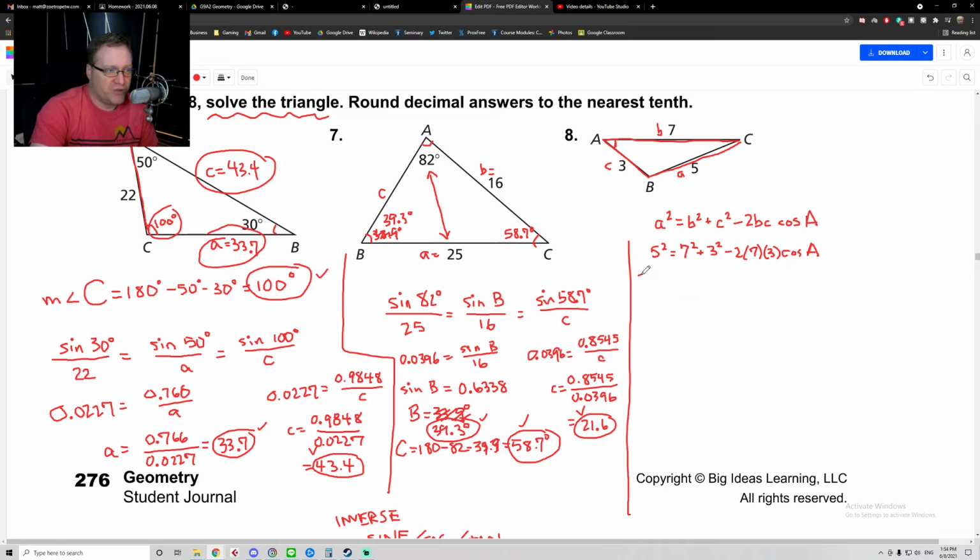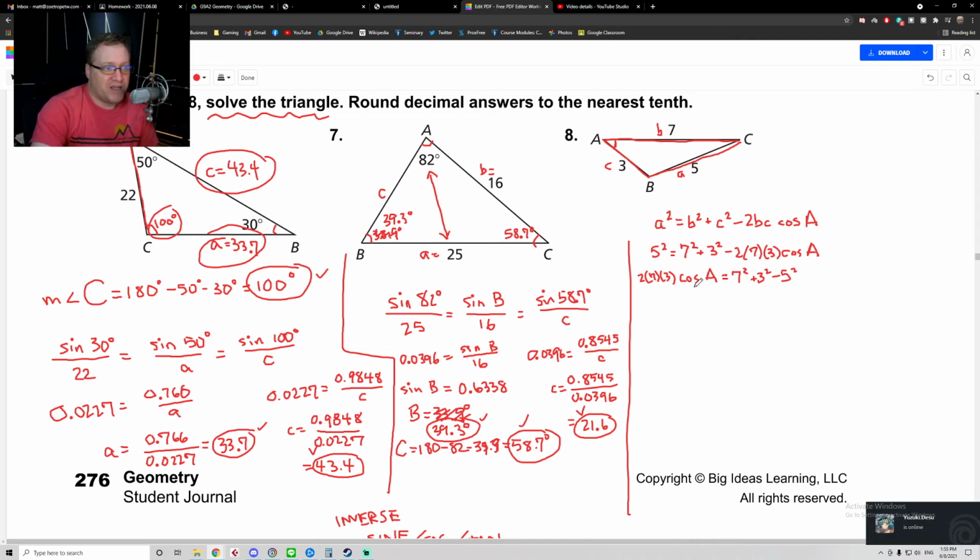So we're going to have 2 times 7 times 3 times the cosine of A equal, and then we can take this thing and move it over here, so it becomes negative: 7 squared plus 3 squared minus 5 squared.